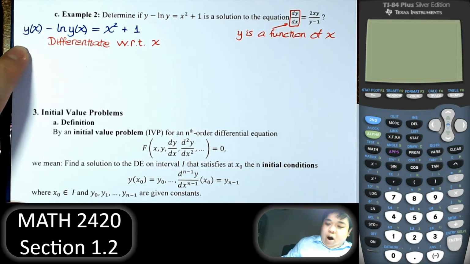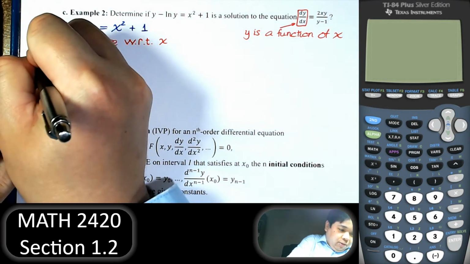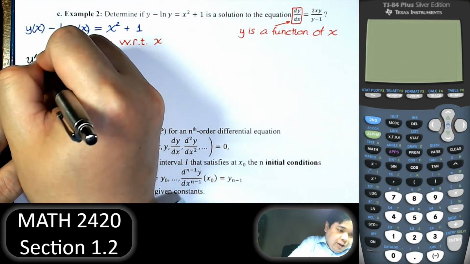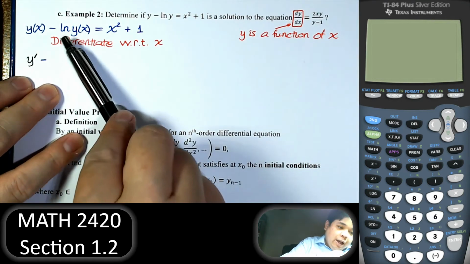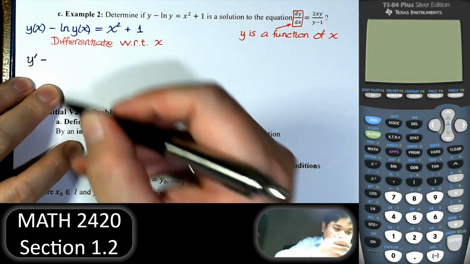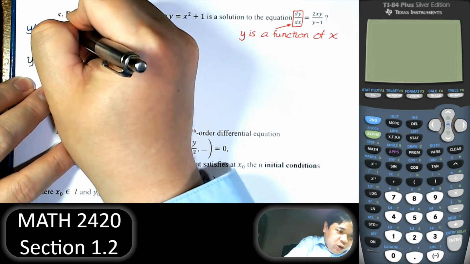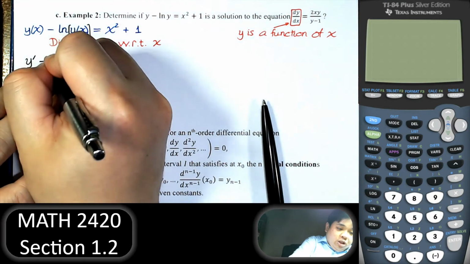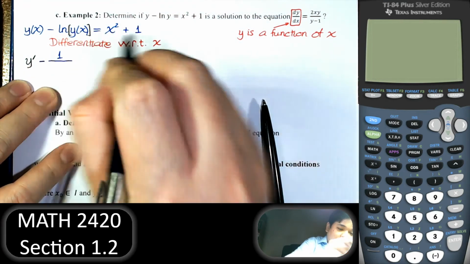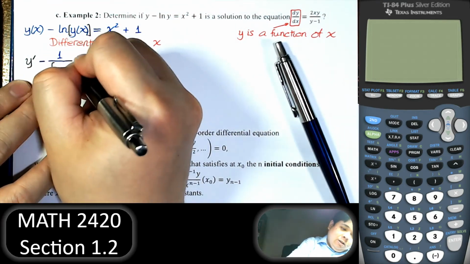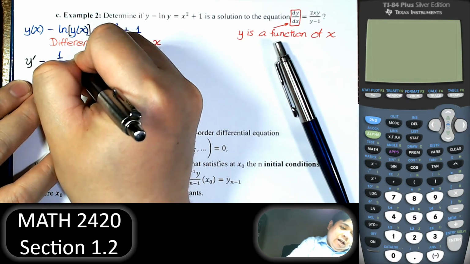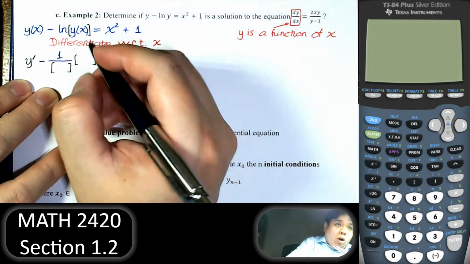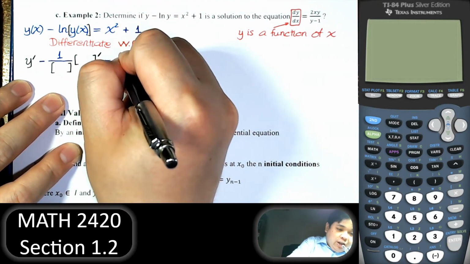So the derivative of y with respect to x, we have y prime, and derivative of this, I put the parentheses around this, the derivative of ln is the reciprocal function and then the derivative of whatever is inside the bracket. On the right hand side, the derivative of x squared is 2x.